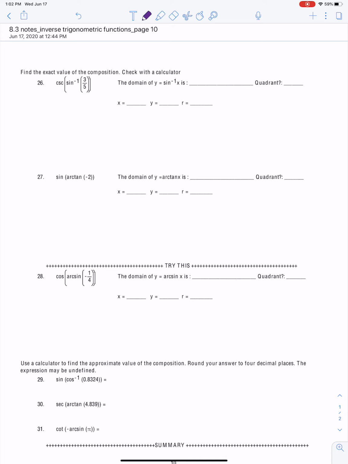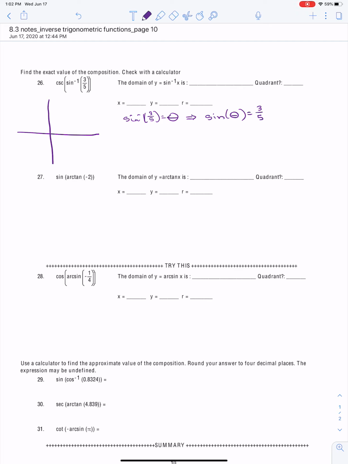So inverse sine of 3/5. First off, 3/5 is positive so that we know that that angle is in the first quadrant. Okay. And so keep in mind what this means. If it says inverse sine of 3/5 equals, we can call it theta, that means that the sine of theta would be 3/5.